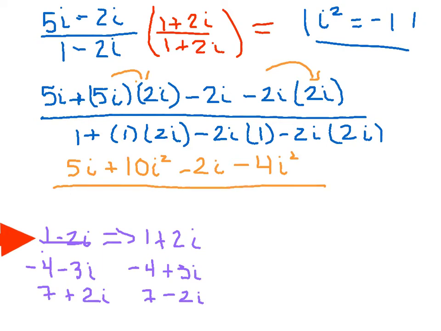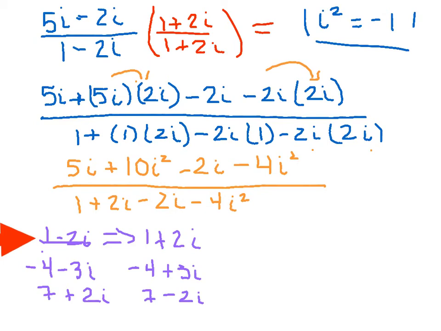Over, in the denominator, 1, and then once again a plus 2i and a minus 2i. That's exactly what I wanted to have happen: now my i's go away. And the last term, when I multiply through, gives me minus 4i squared.